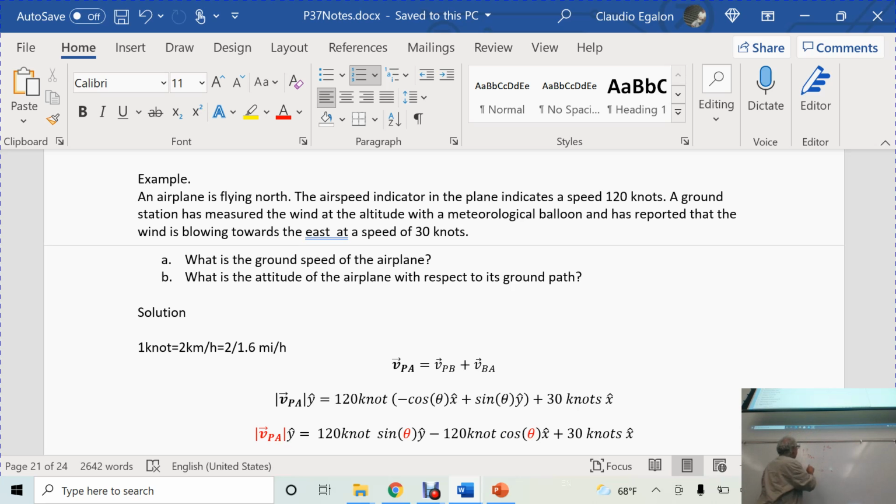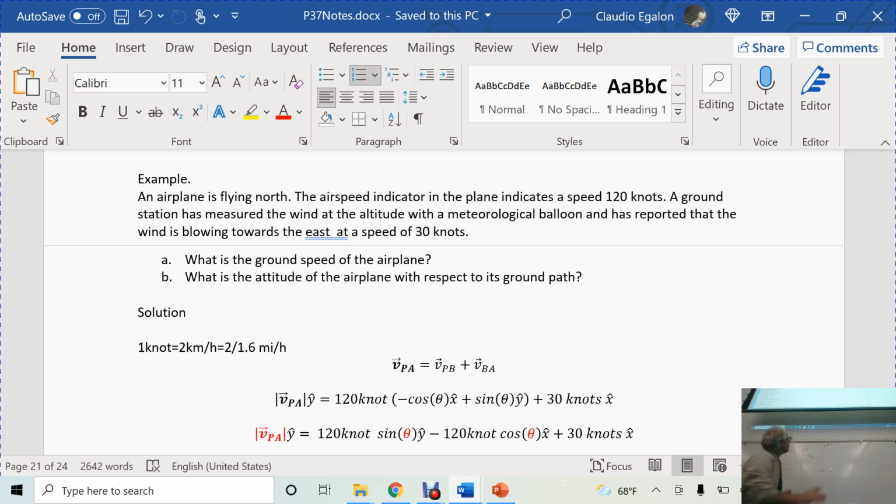The wind here is blowing to the east, right? Going to the east. North. The plane.